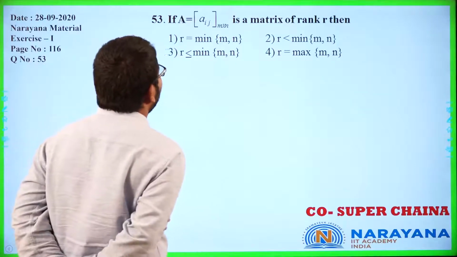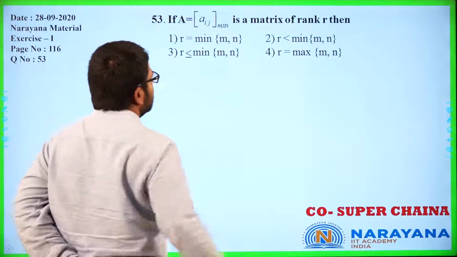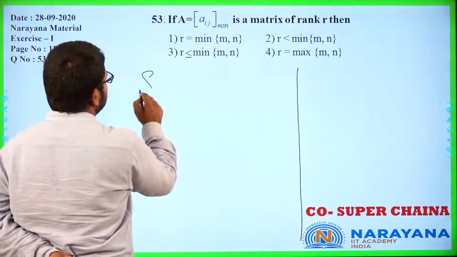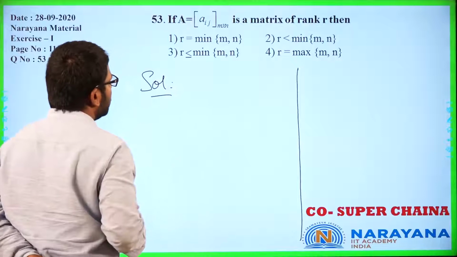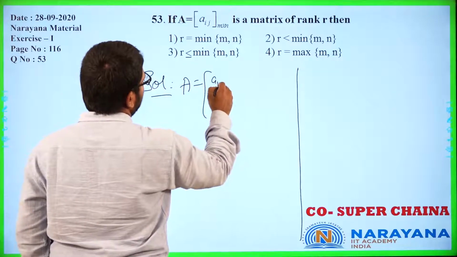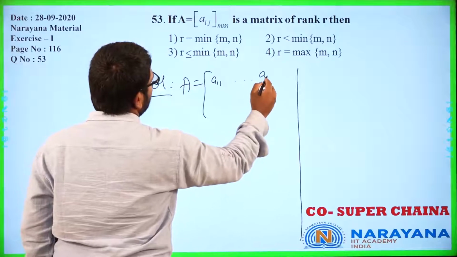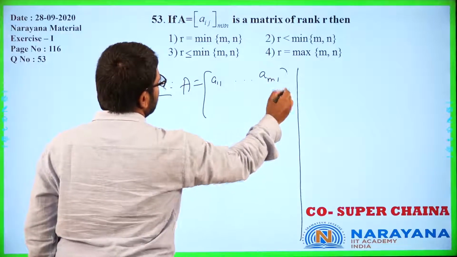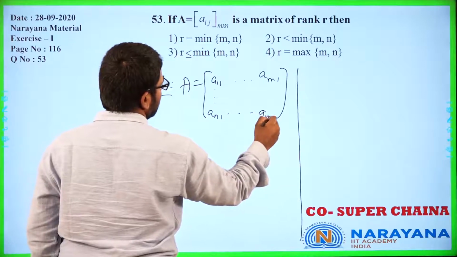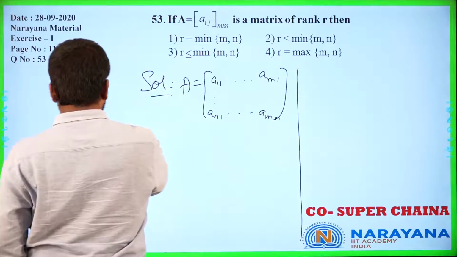If A is Aij, which is M cross N, is a matrix of rank R, then, alright, so A is an M cross N matrix, right? So A11 goes up to AM1 and AN1 goes up to AMN.